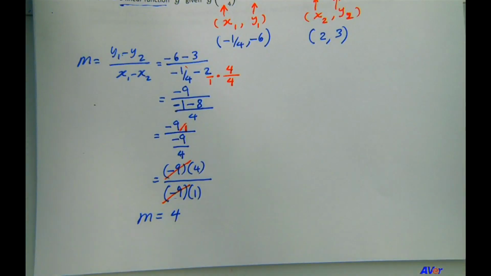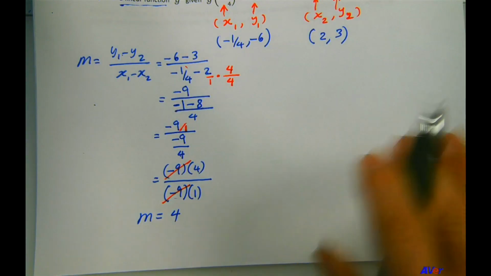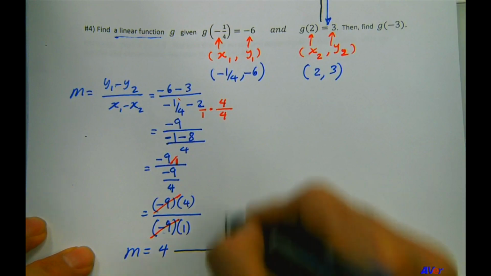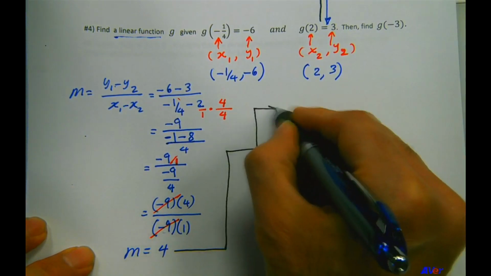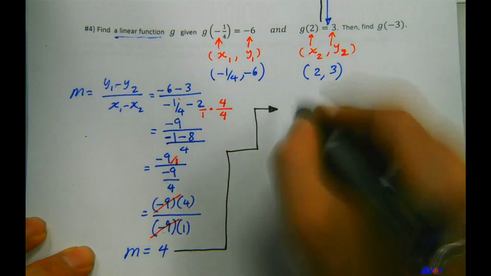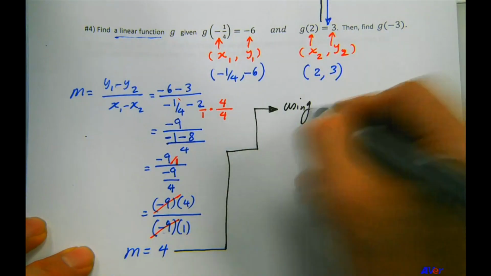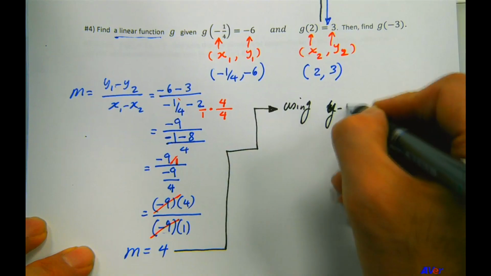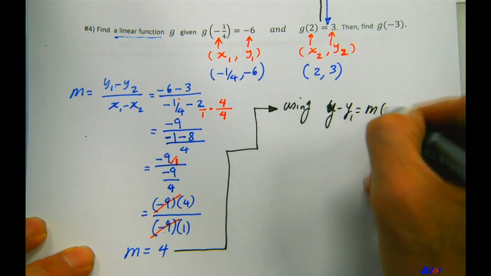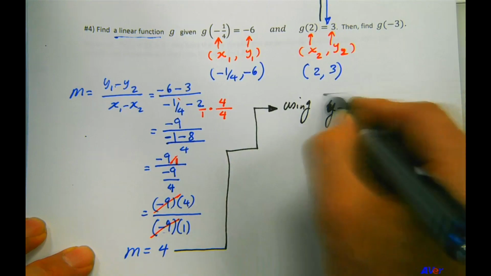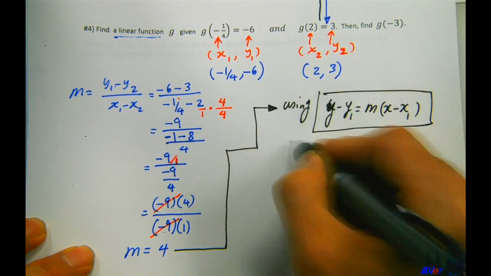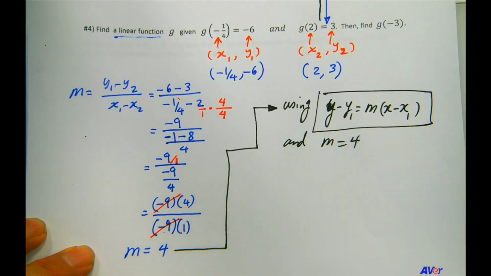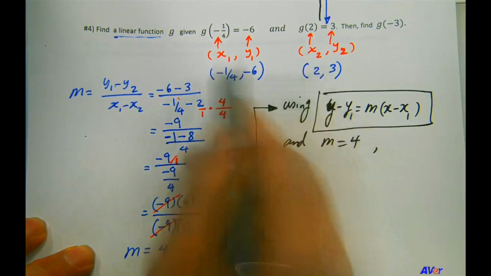Okay, now that we have this slope, we use y minus y1 equals m times x minus x1, using this formula, the slope that is equal to 4, and any of those 2 points.